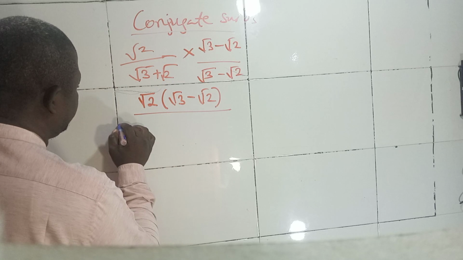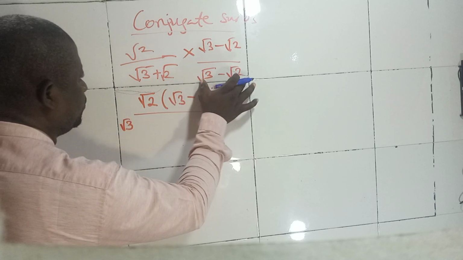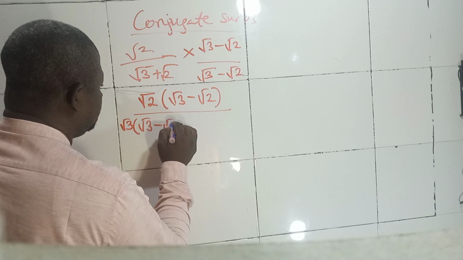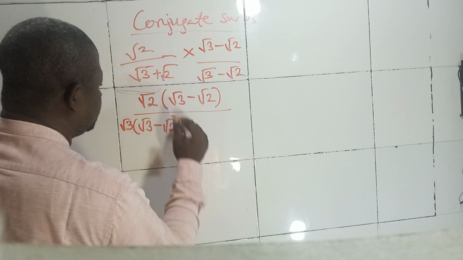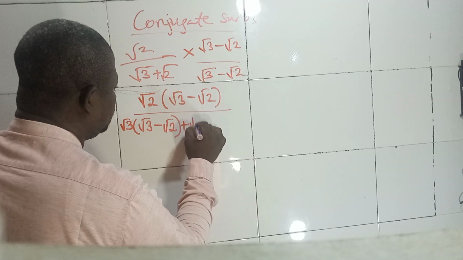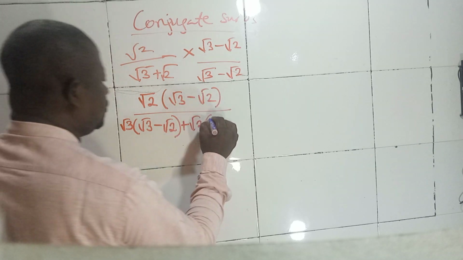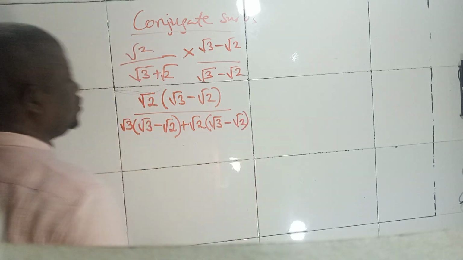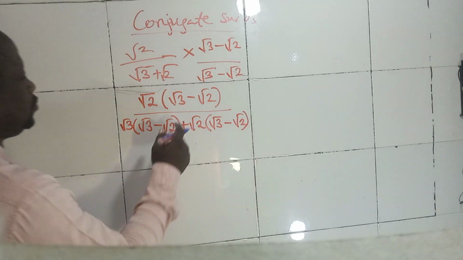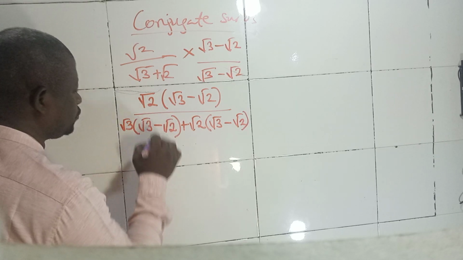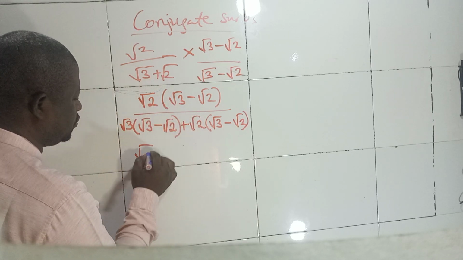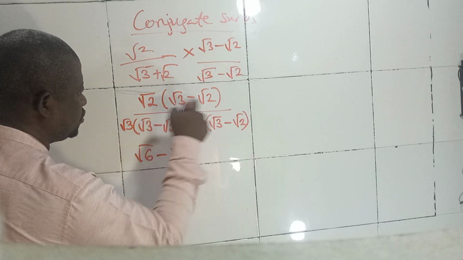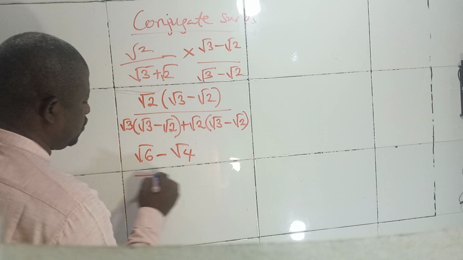So if I pick root 3, I have root 3 into the brackets root 3 minus root 2. You close the bracket. You have plus root 2 into the brackets root 3 minus root 2. You close the bracket. So you expand. You have root 2 times root 3, that's root 6, minus root 2 times 2, that is root 4, all over.